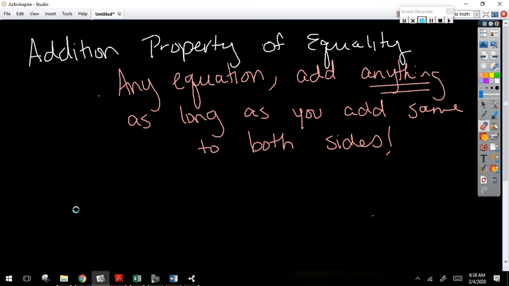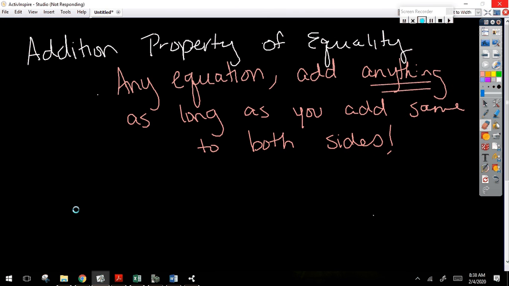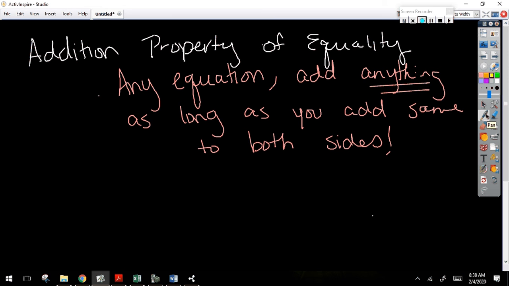Along these same lines, we also have the subtraction property of equality. What do you think it says? It's the exact same thing. I can replace the word addition with subtraction, and add with subtract.